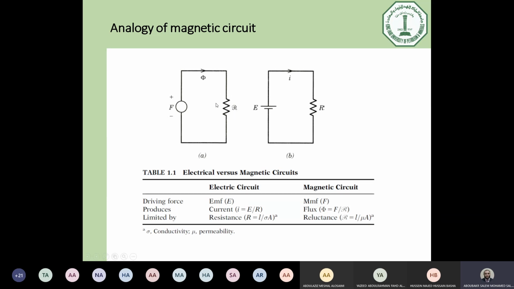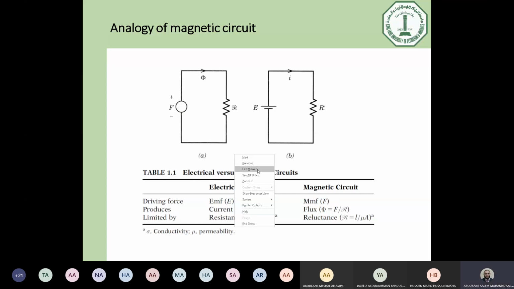The limitation on the flux in the magnetic circuit is the reluctance, and the limitation of the electric current in the electric circuit is the resistance. So simply these are the parameters, and this is a comparison. The driving force, which is the supply, is EMF in the electric circuit and MMF in the magnetic circuit. Take care, the electric circuit is here and the magnetic circuit is here, not left and right.